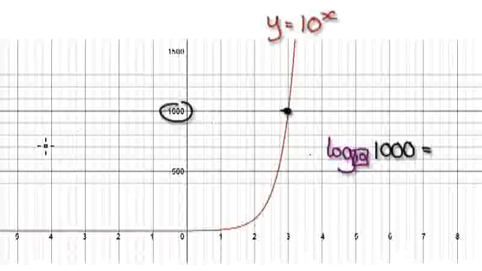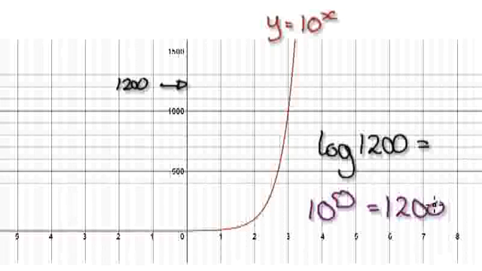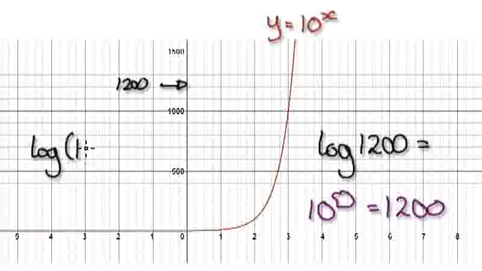Okay. So another one here. Let's say this point here, 1,200. So what is the log of 1,200? So get your calculator. When you translate this, remember this is to the base 10. When there's no base here, you have to default it to 10. So when you come to translate this, it will be 10 to the power of what will give me 1,200. Then jump to your calculator, punch in log 1200, and then press the equal sign.